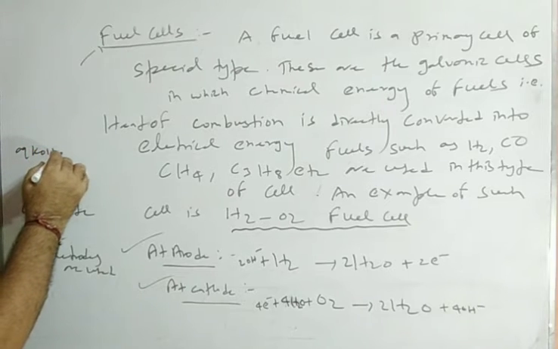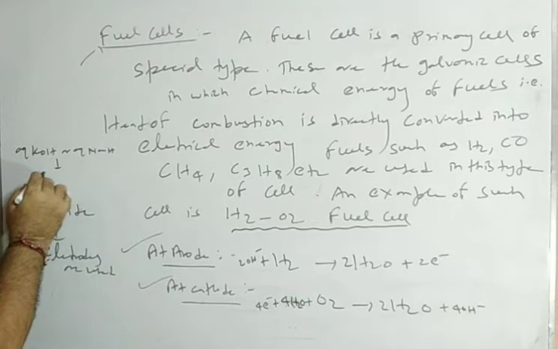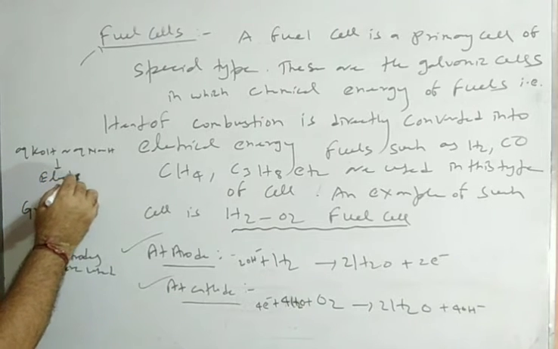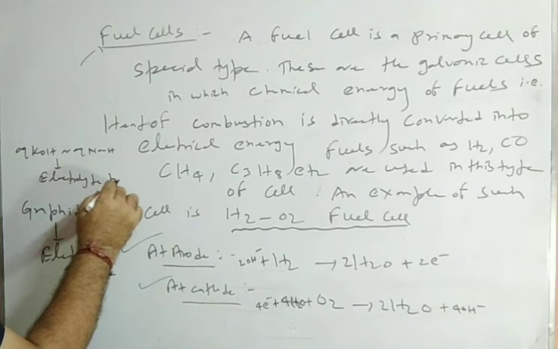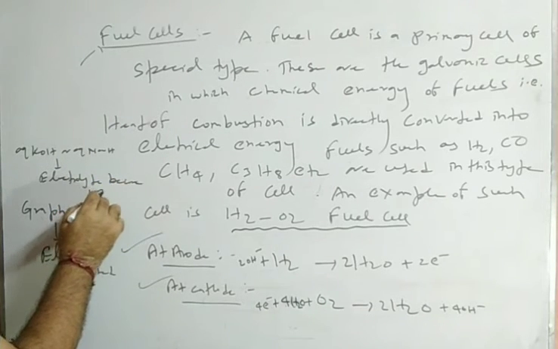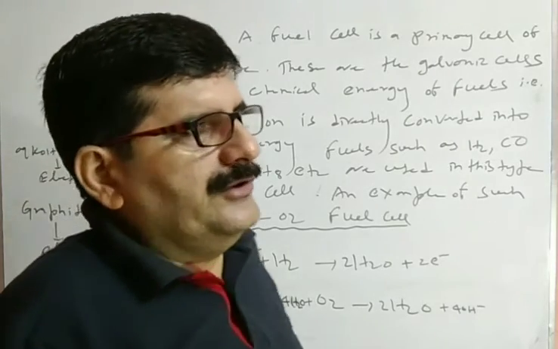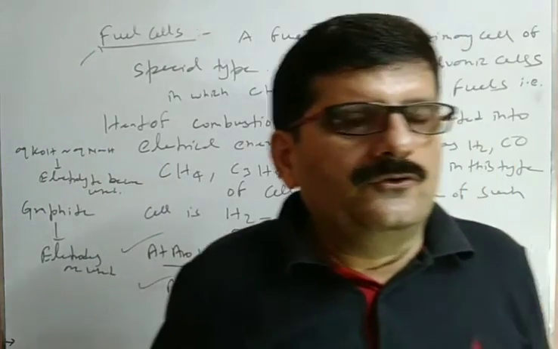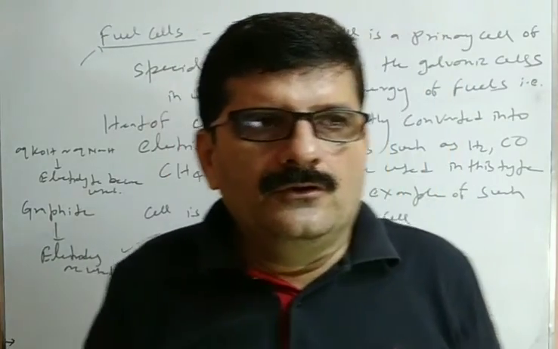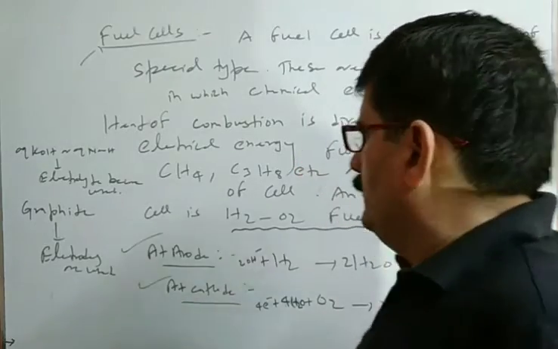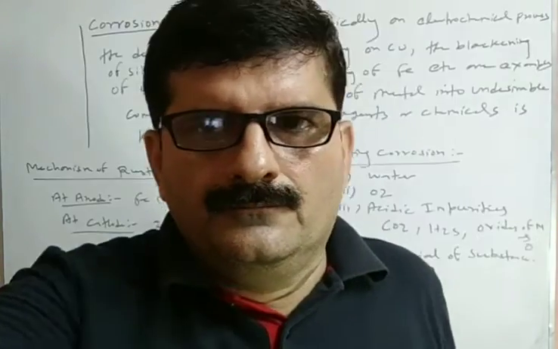Aqueous KOH or aqueous NaOH is used as the electrolyte. So it is a very important question from the board examination point of view: write a short note on the fuel cell, or what is the hydrogen oxygen fuel cell.